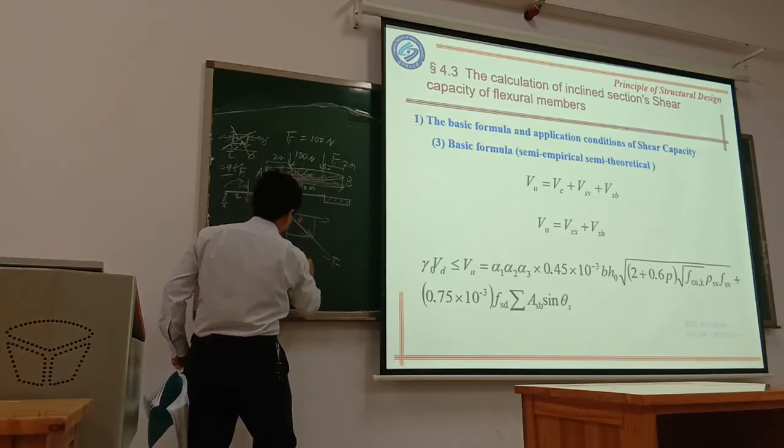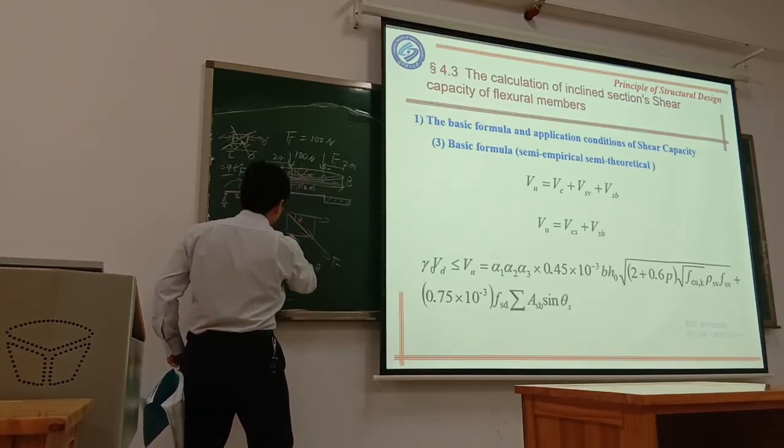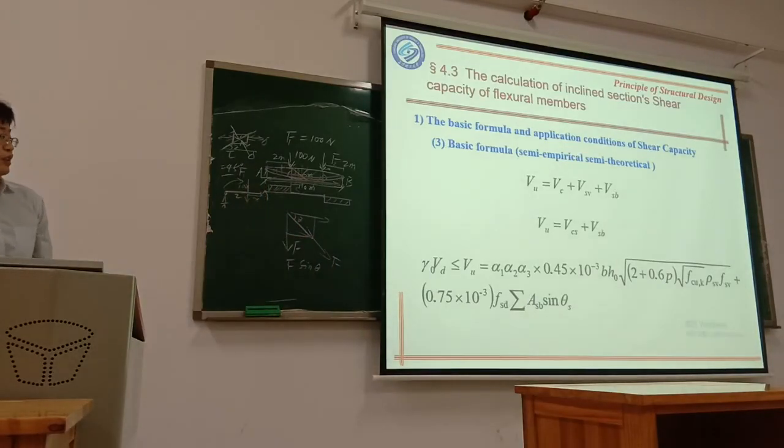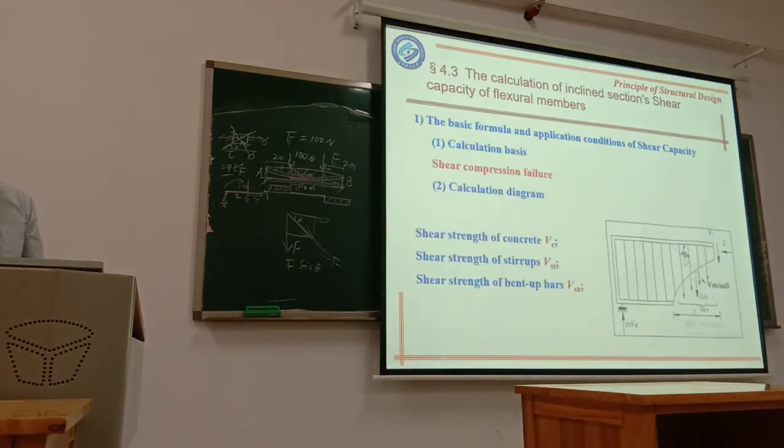F times sin theta is this. So in this equation we get this sin theta. We need to find the vertical component to resist the shear force, because the force in the bend-up bar is a tensile force. You need to decompose this tensile force into a vertical part to resist shear and a horizontal part.